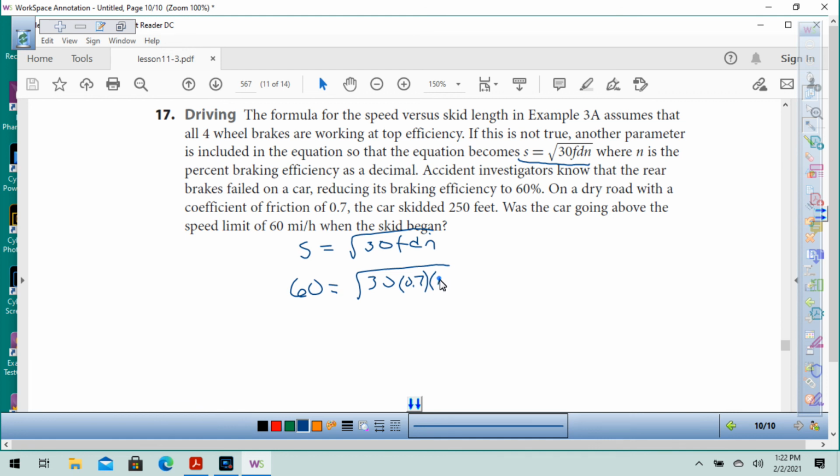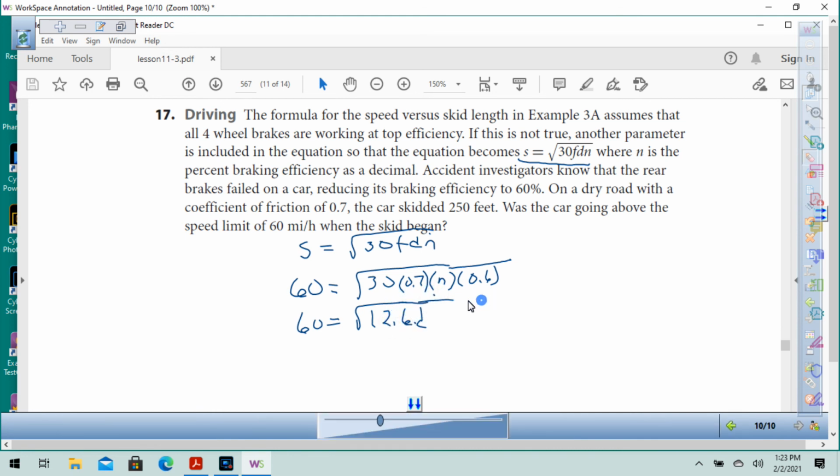They said that was 0.6. All right, so let's see, we got 60 equals the square root of 30 times 0.7 times 0.6, which is going to be 12.6D.